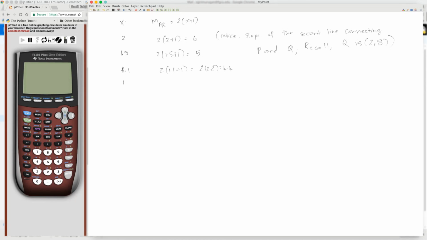And 1.05 would give 2 times 2.05. We could use a calculator here. 2.05 times 2, I get 4.1.